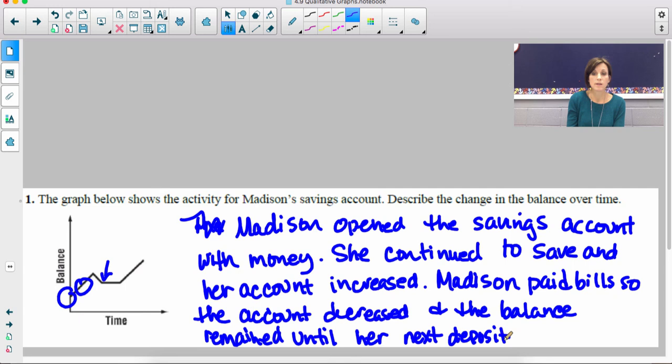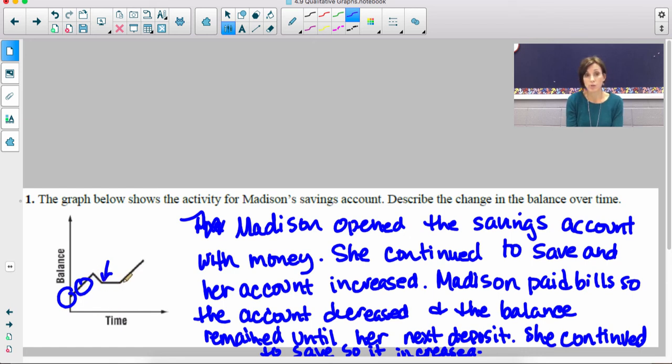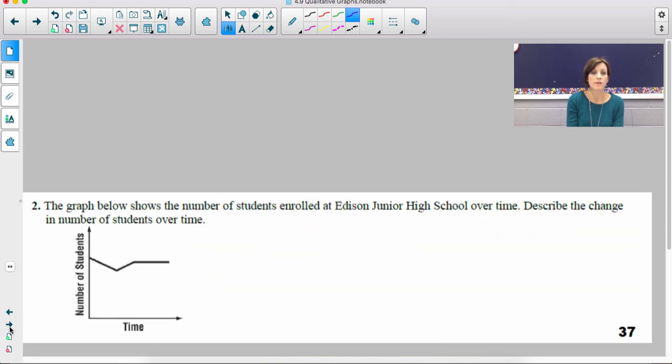So then she continued to save, and it increased. So we hit every time. We hit the increase, we hit the decrease, we hit the no change, we hit the increase again. You got to get it all in there with that graph.